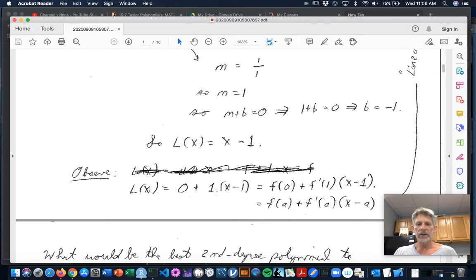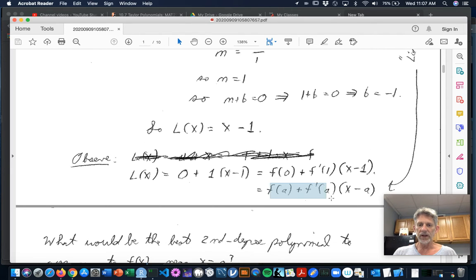And it turns out that 0 is log of 1, and 1 is the derivative of log at x equals 1. So you've got this form that you may be familiar with from Calc 1 for the linear approximation to a function near the value x is a. It's f of a plus f prime of a times x minus a.